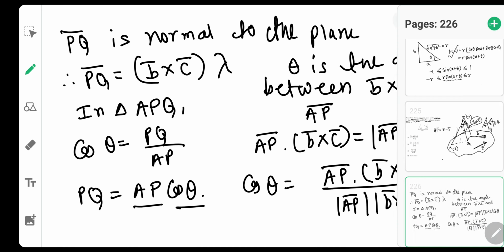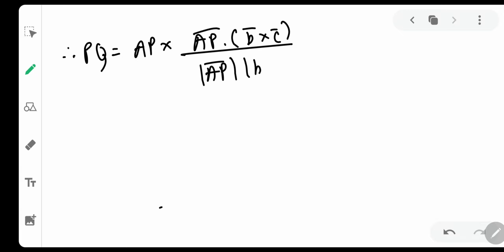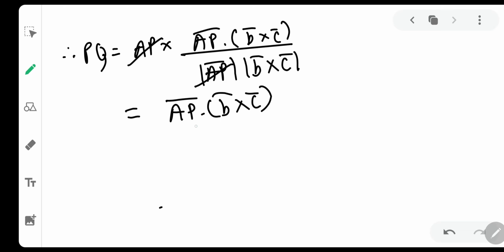We will substitute the value of cos theta. Therefore PQ is equal to AP into AP bar dot b bar cross c bar upon magnitude of AP bar and magnitude of b bar cross c bar. AP is the magnitude of AP bar, so this and this will get cancelled. So AP bar dot b bar cross c bar upon magnitude of b bar cross c bar.